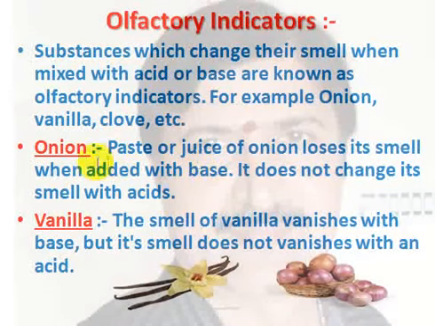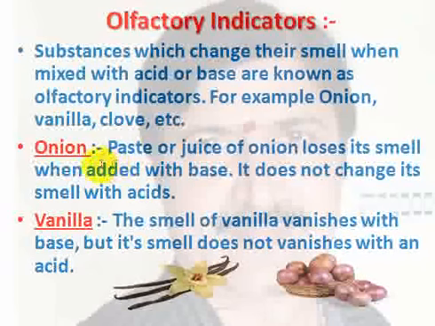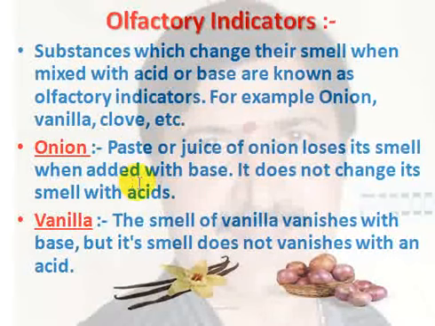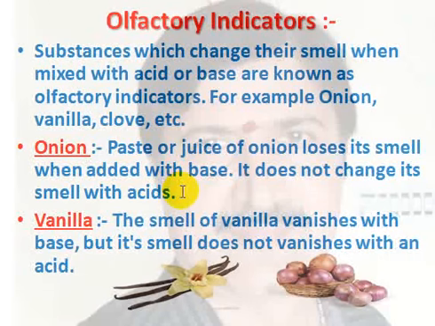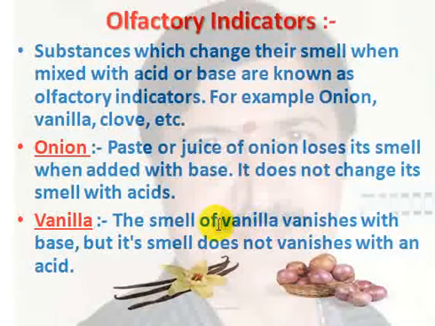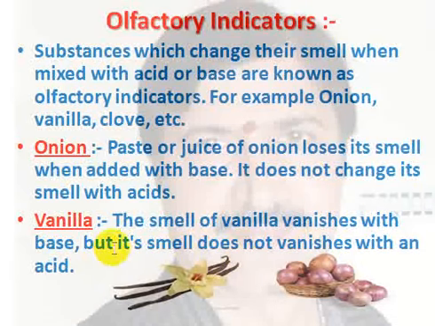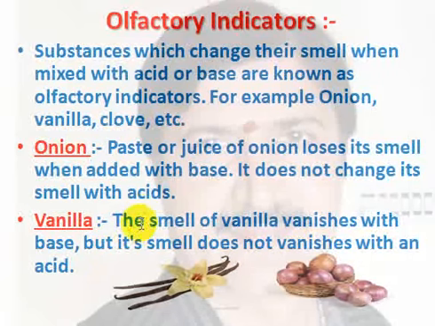If you add acid to onion paste or juice, the smell remains as it is. Similarly, vanilla has a pleasant smell of its own. When vanilla is added to a base, its smell vanishes, but it does not vanish with acid. Based on this, we can identify whether the given substance is an acid or a base.